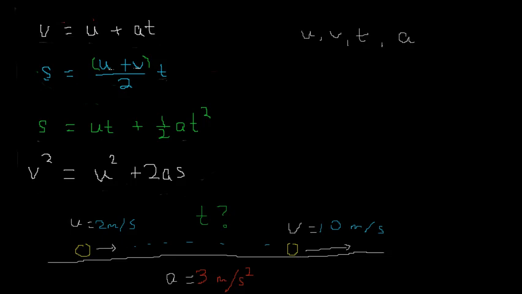Now, having discovered that we need the first equation, we then need to work out how to use it to give us the answer. The usual way is to take the values we are already given for u, v, and a, the acceleration, plug these numbers into the equation, and then solve for t. That's one way to do it, and we have to do it by algebra.